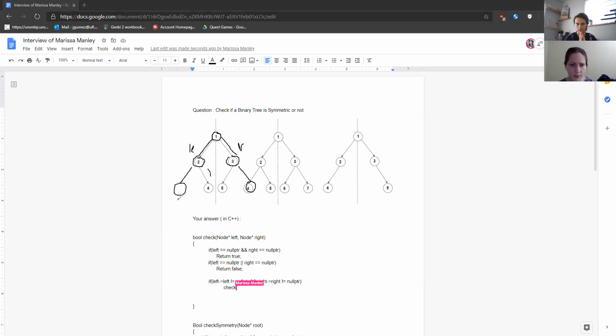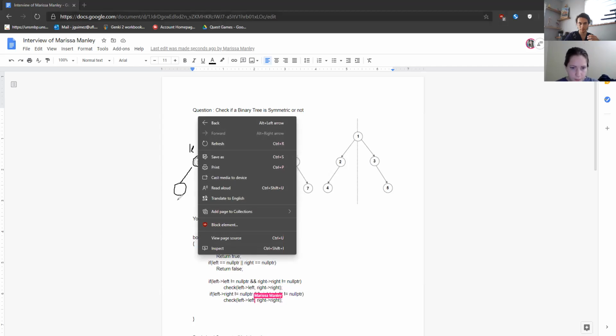Check. Maybe. I'm playing around right now. So that's saying they both exist. And then, just for fun, I'm going to do this one too, but change it to left, right, and right, left. I know this could be wrong.